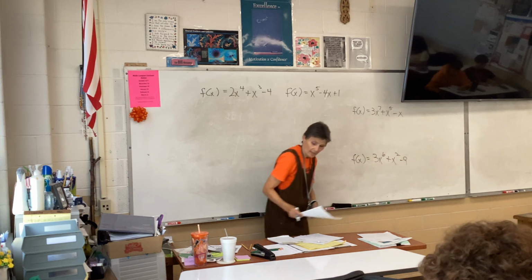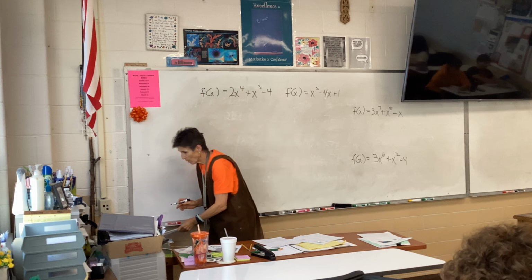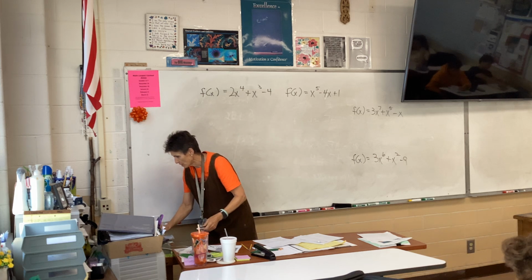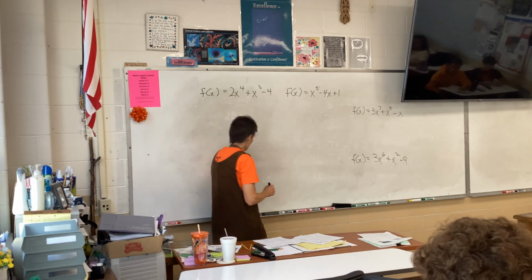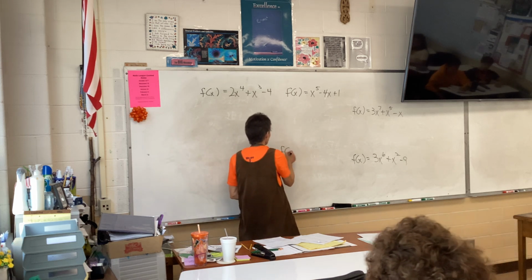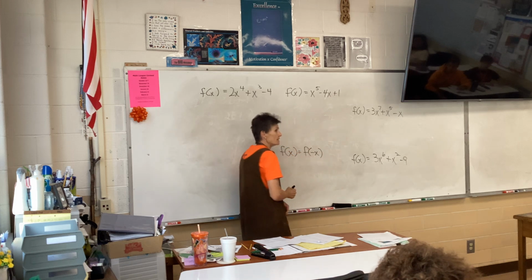So before we do that, let's do a real quick recap of what does it mean to be an even function? Exactly. So f of x is exactly the same as f of negative x.